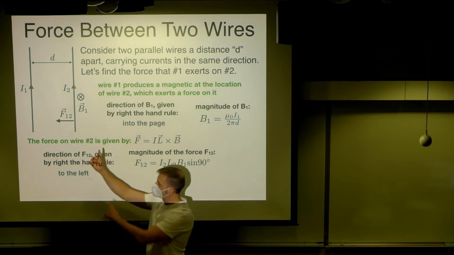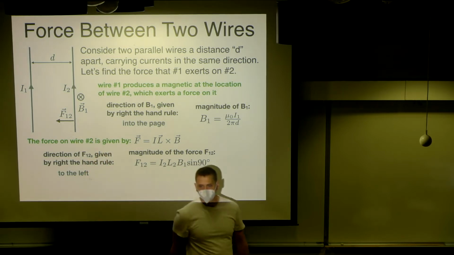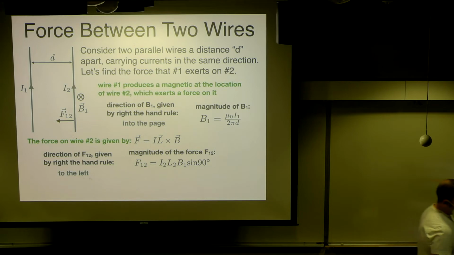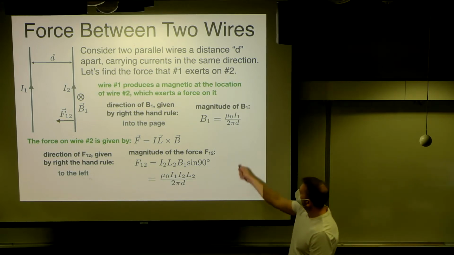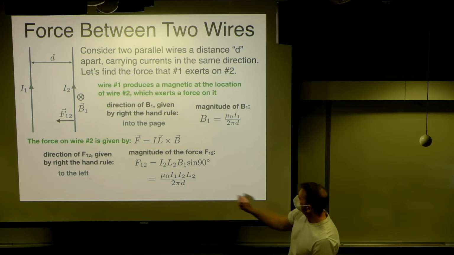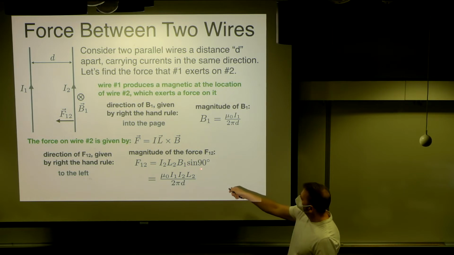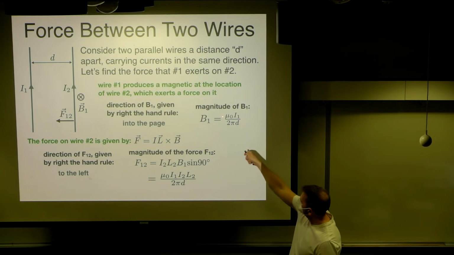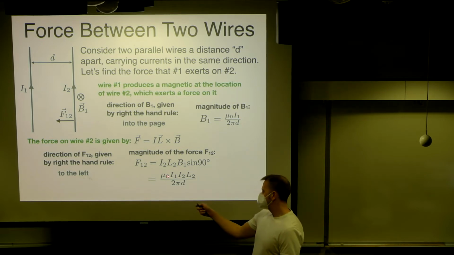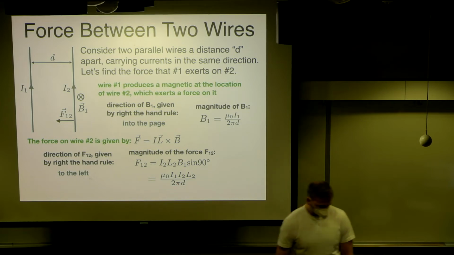This one's going straight up, this one's going into the page, 90 degrees. And we can plug in this for B right here, okay? So let's put it all together, right? Sine of 90, that goes to 1. B is going to be this expression up here. So overall, here's what we have. We have mu naught times I1 times I2 times L2 divided by 2 pi d. Okay?